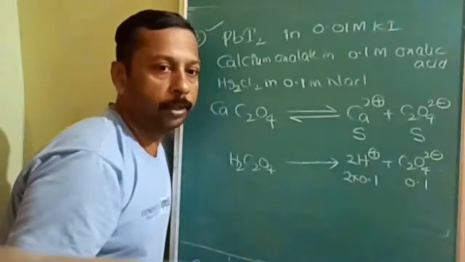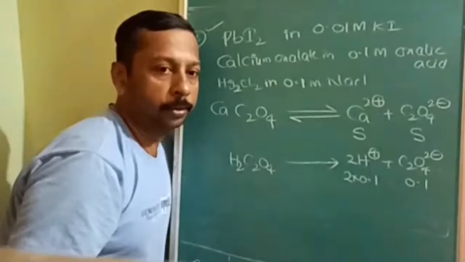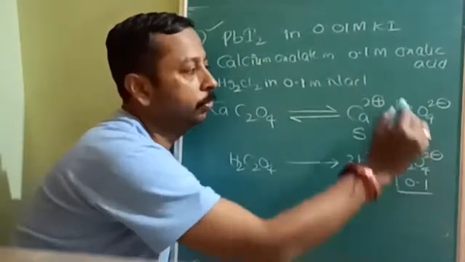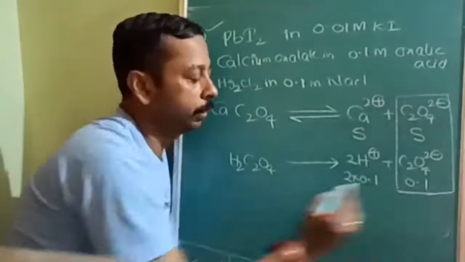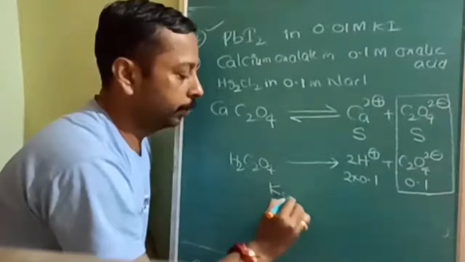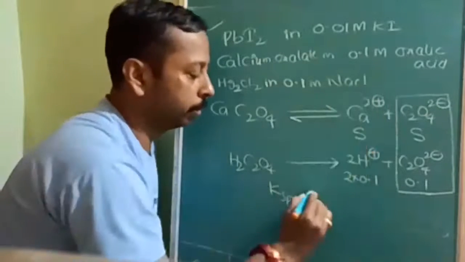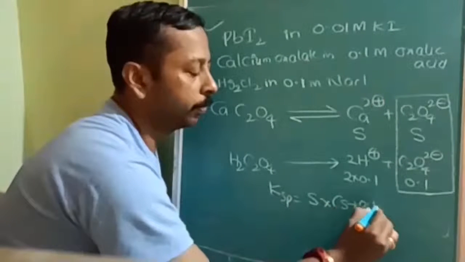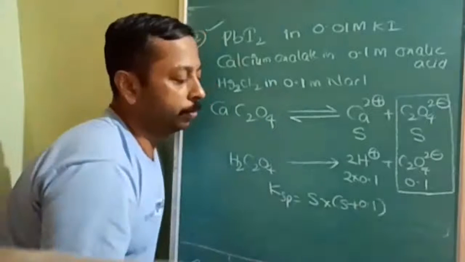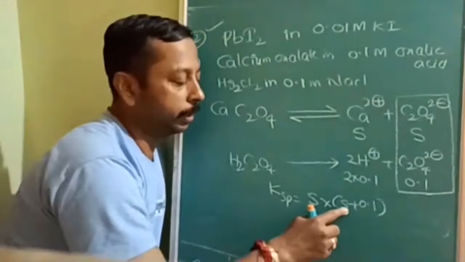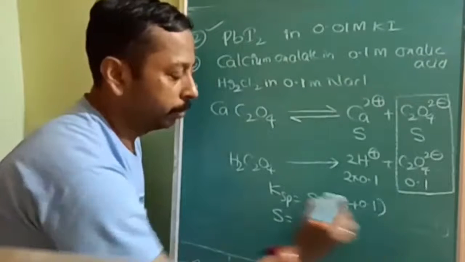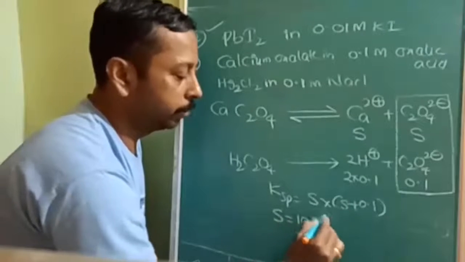So the common ion will be C2O4. KSP is equal to S to the power of 1 into (S plus 0.1). 0.1 can be written as 10 to the power of minus 1, so the S can be neglected. So S will be, this 10 to the power of minus 1 comes here, so 10 into KSP.